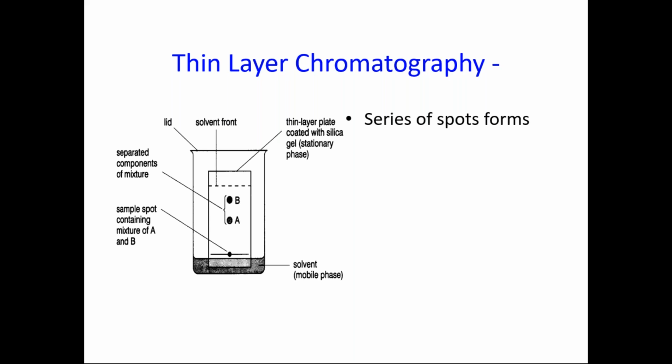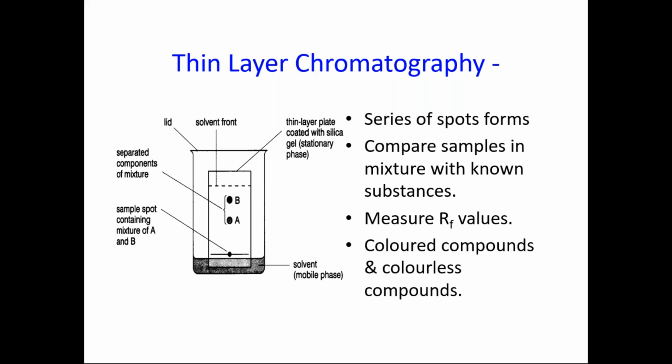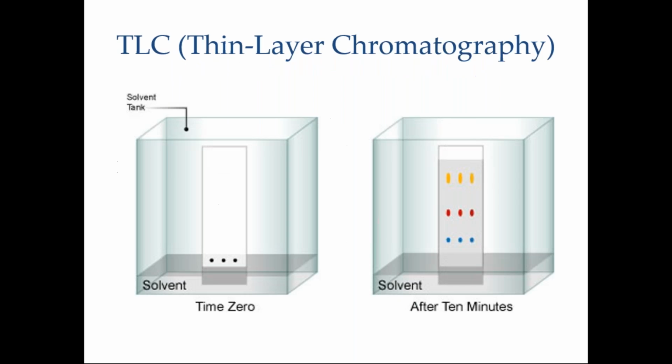So here a series of spots form, and then once the spots form, we always co-run the standards and we compare the samples in the mixture with the known substances, that is the standards. We measure the RF values just like how we measure it for paper chromatography. And if they are colored compounds, you can identify them. If they are colorless compounds, we can use different detection reagents or different visualizing reagents to identify the compounds.